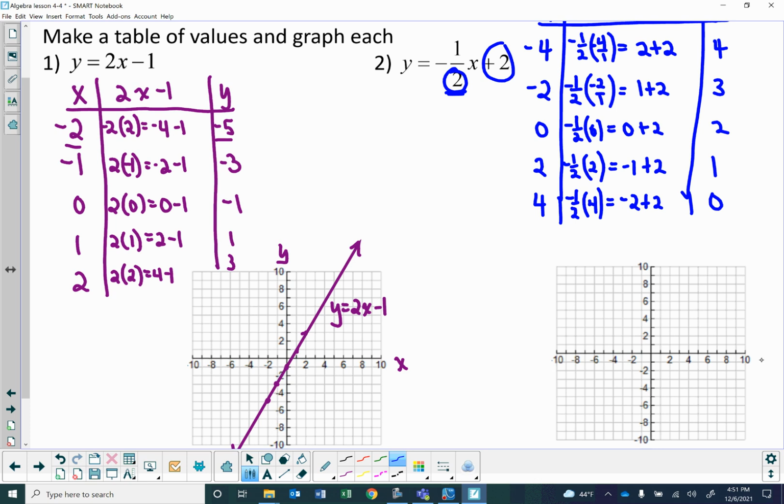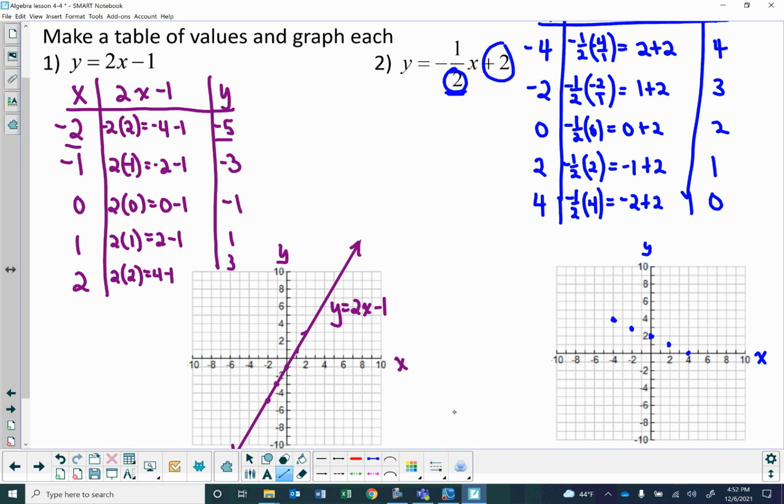I'm going to label it again: x, y. Start at my origin. Negative 4, positive 4 is right there. Negative 2, positive 3 is right there. 0, 2, right here. 2, 1, right here. And 4, 0, right there. Get my handy dandy ruler.